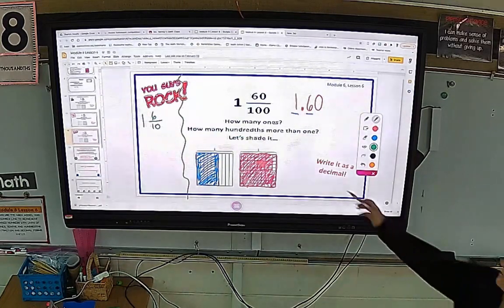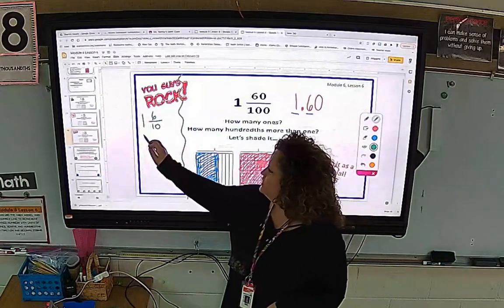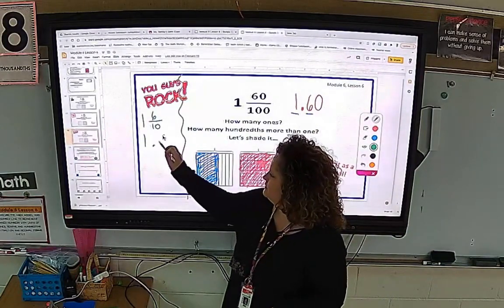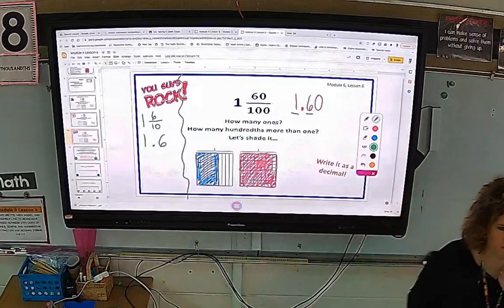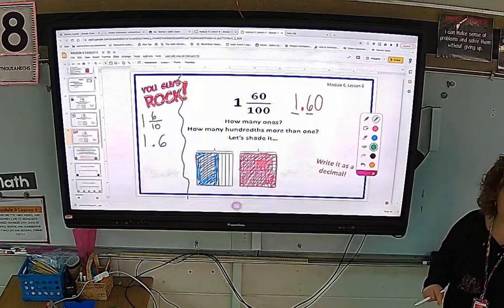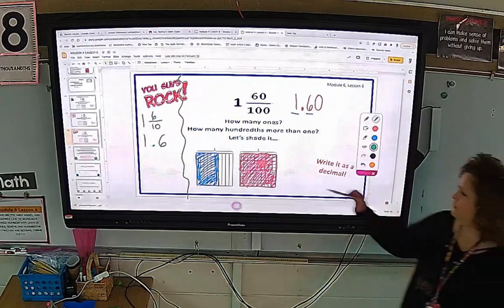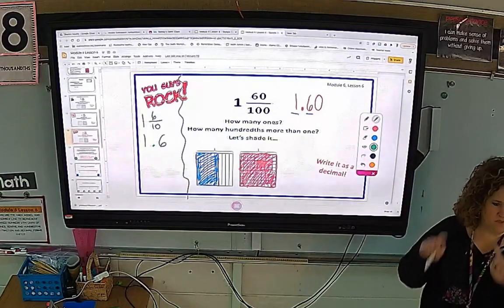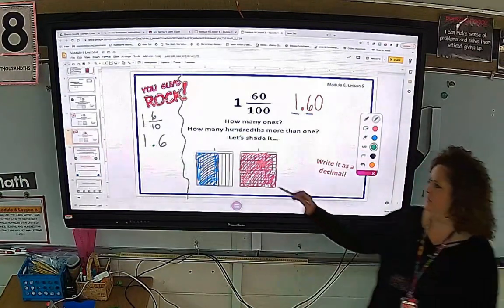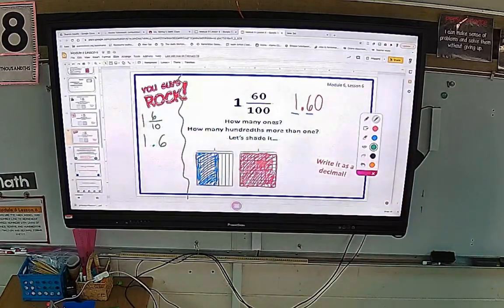Okay, what does this look like as a decimal? It's just 1.6, isn't it? Okay. And what does it look like? What did you shade in? 1 whole. Okay. Got that? 6 of the column, 6 of the tenths. Got that? I'm real fast today. Okay. Anything else?